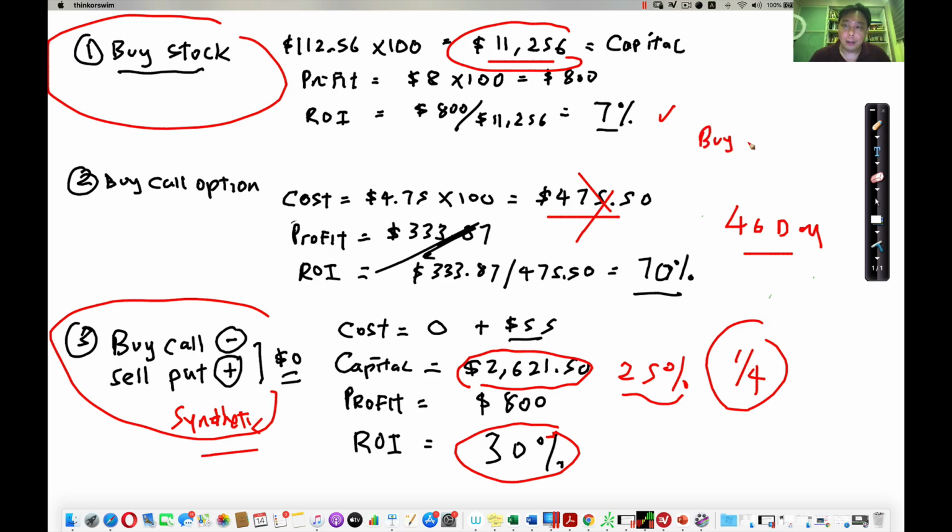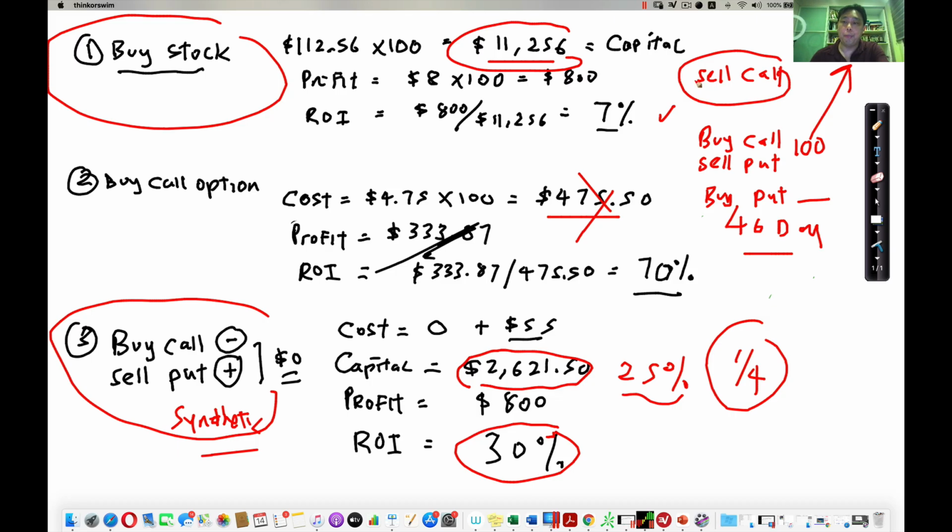We buy a call and sell a put at the same strike price. This is equivalent to buying 100 shares, right? At the same time, we buy another put as a protection and we sell a call up here, and this call is used to pay for part of the put. We call this a bull bang collar strategy, and it's one of the most powerful strategies that's used by our students in our community to generate consistent profits.